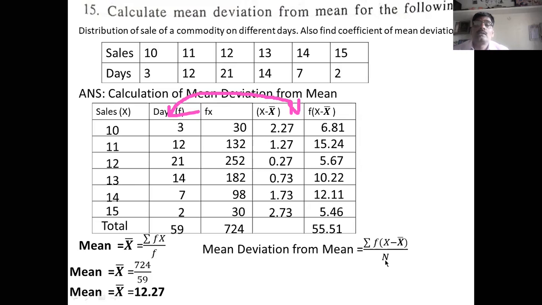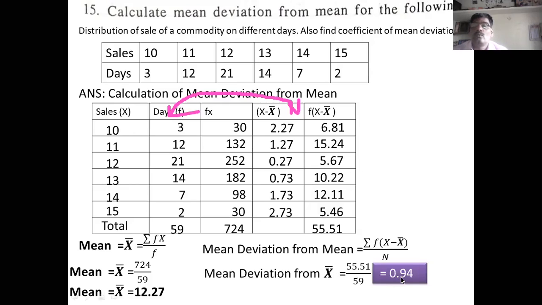Divided by n, means number of frequency. Remember this. N is nothing but frequency number. I have taken f here. The same f you have to take here. So mean deviation from mean is 55.51 divided by 59 is equal to 0.94.